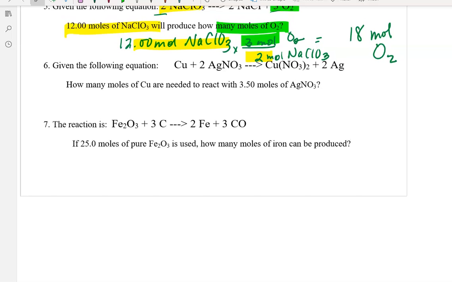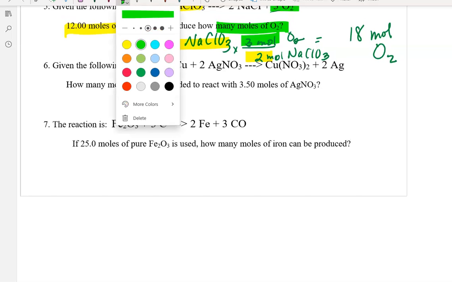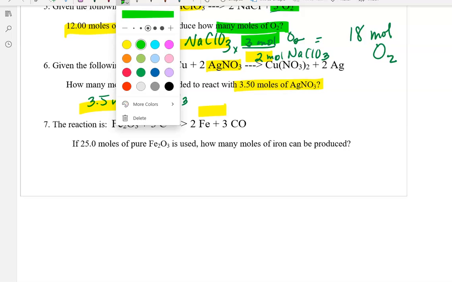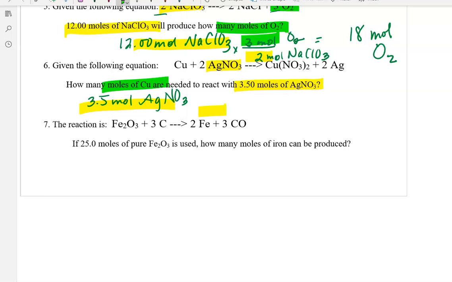The next one, we have 3.5 moles of silver nitrate. That is our known amount. We are solving for moles of copper.